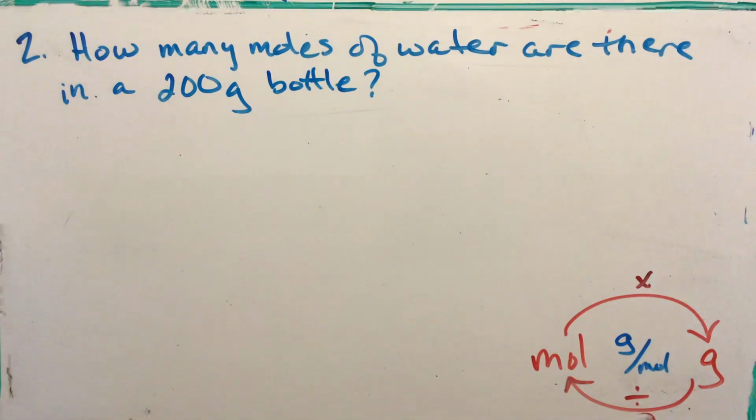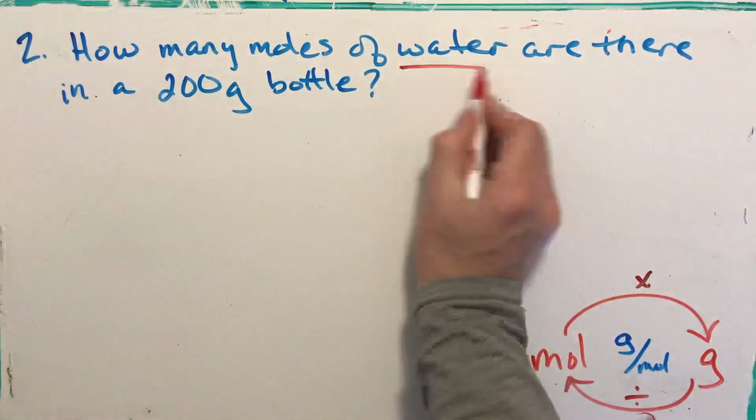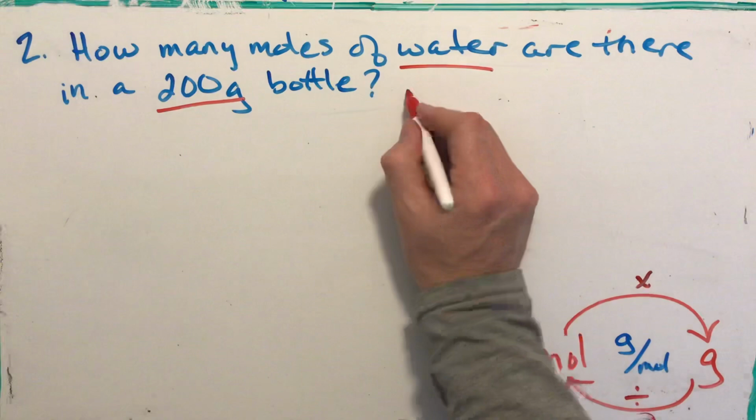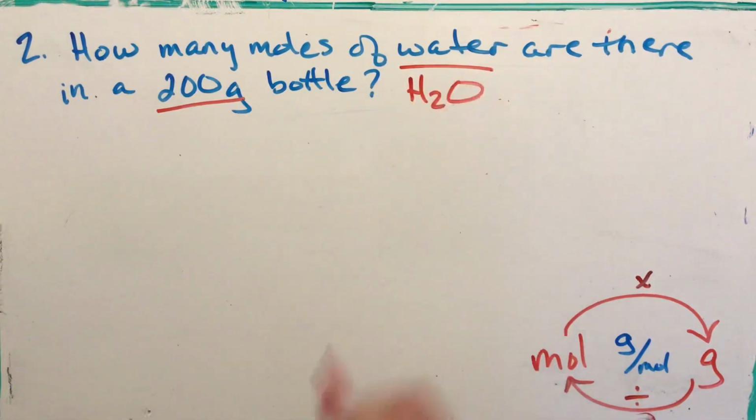So, our next question, how many moles of water are there in a 200-gram bottle? So what I'm going to do is do my answer in a different color. We'll do it in red here. So, water is key. I've got 200 grams of water. Water, I know, is H2O.